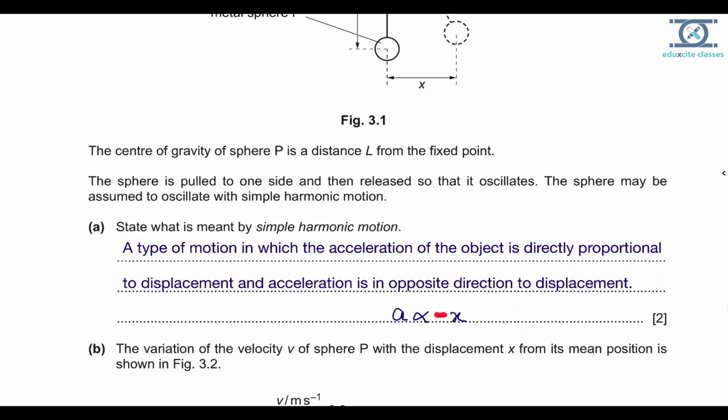Minus stands for the opposite direction. So this is 2 marks. The main keywords are: the acceleration of the object is directly proportional to displacement, and it is in the opposite direction to the displacement.